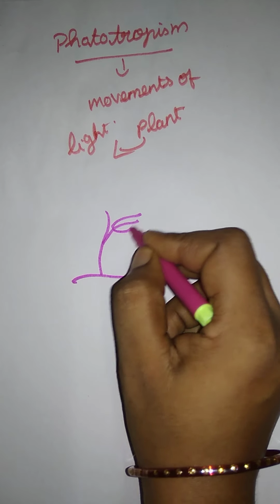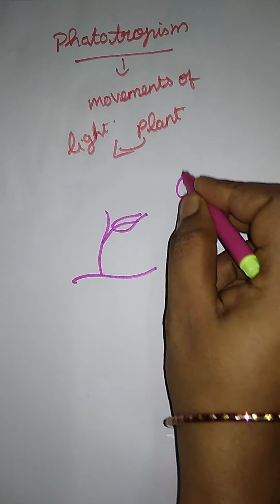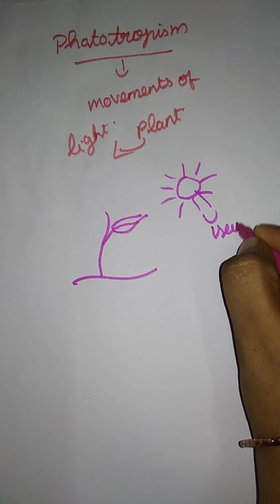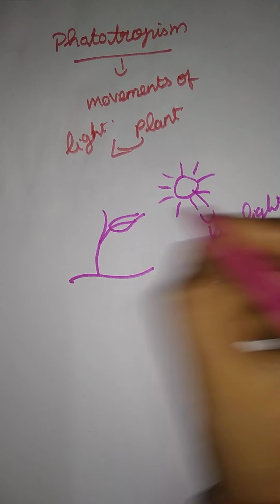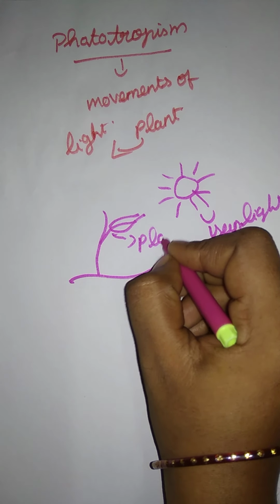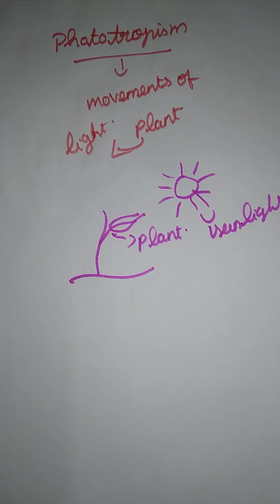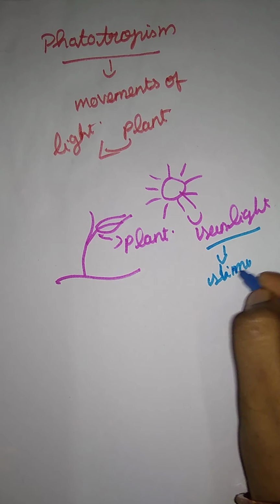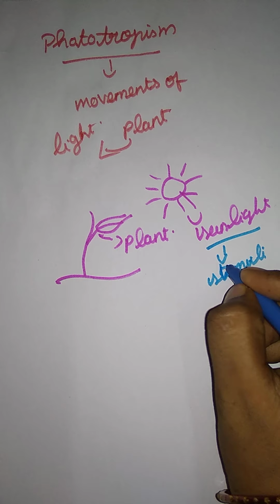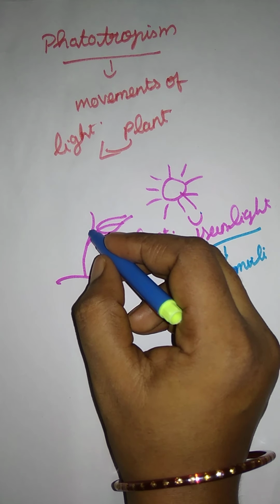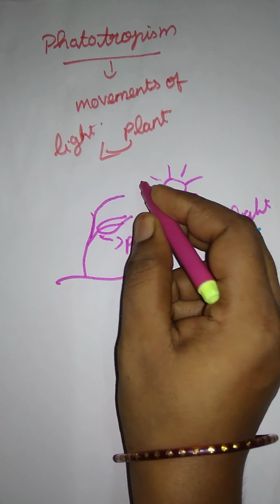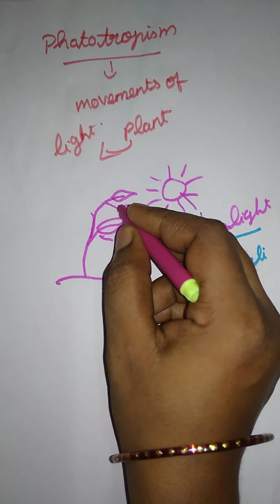This is the plant, and this is the sunlight, and here is the plant body. Now, who is the stimuli here? Sunlight is the stimuli. So what does the plant body do? It curves towards the sunlight and grows in this direction.